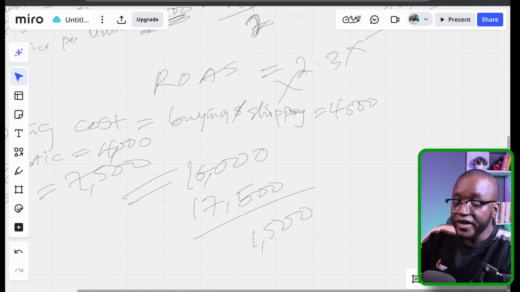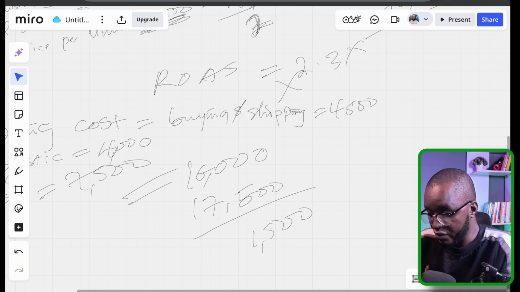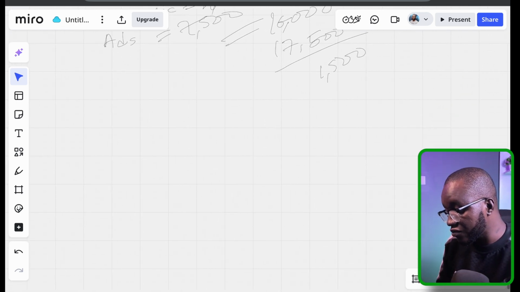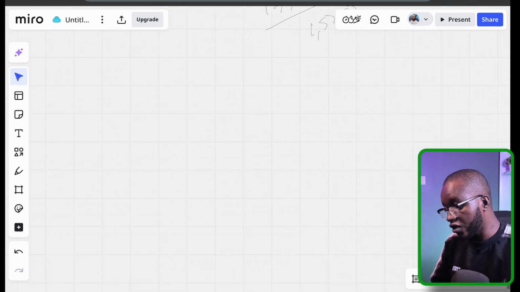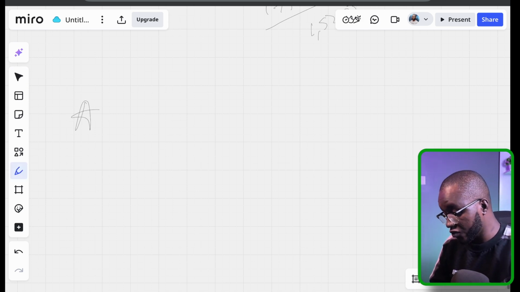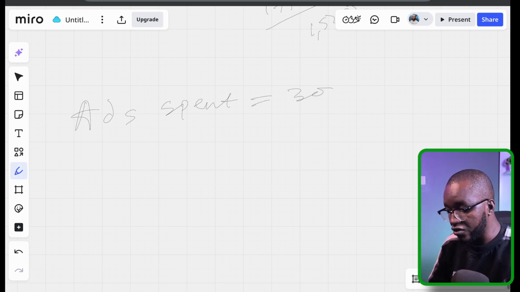Now, when are you supposed to go ahead and import the product? Let's revert this. Let's say we are spending the same amount. Ad spend is still 30,000 naira, right?